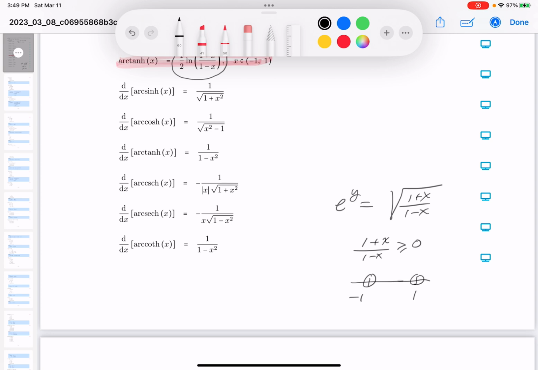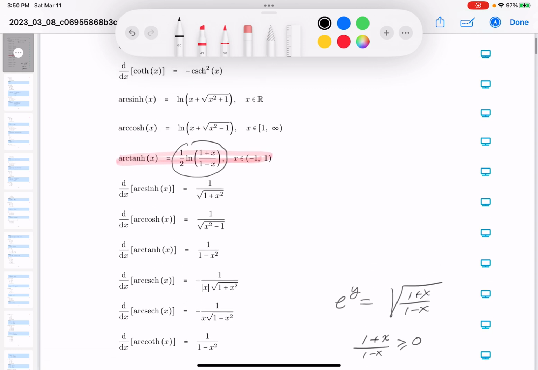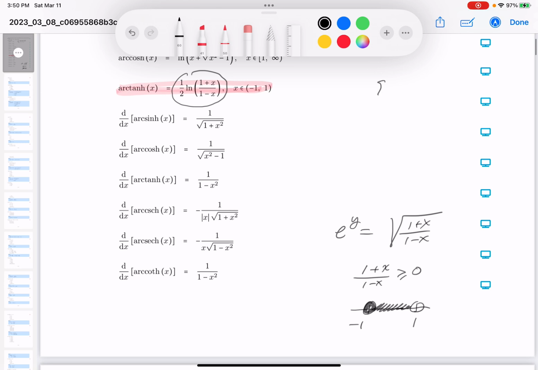Minus 1 I can shade in though. I'm going to test it out. If I test out 0, what do you get? Certainly positive. If I go outside of that, like 2 plugged in would be negative. And if you went below minus 1, like minus 2, you still get negative.